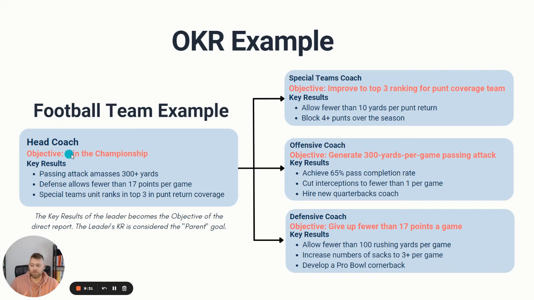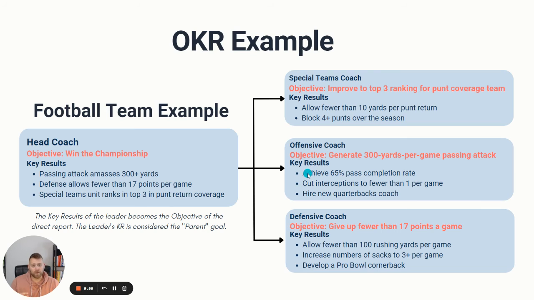And then let's say that the objective is, like I said, build a world-class organization in the industry of performance management. Then we create our key results. The part that is cascading is whenever we take these key results here and then we turn those key results into that next level down's objectives, right?